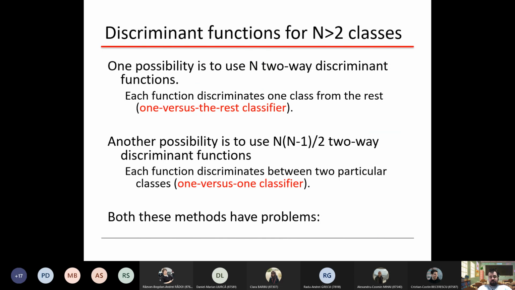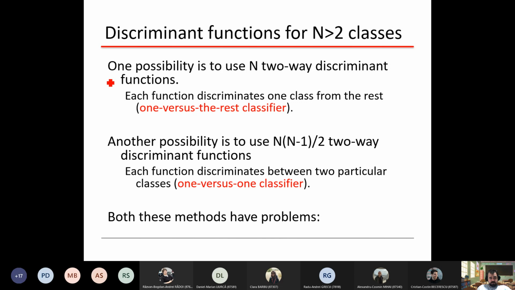And we'll have to build n such classifiers and discriminant functions, each of them telling us that one specific point is or isn't in that class. So basically, each function discriminates one class from the rest. And this is why this option is called the one versus the rest classifier.